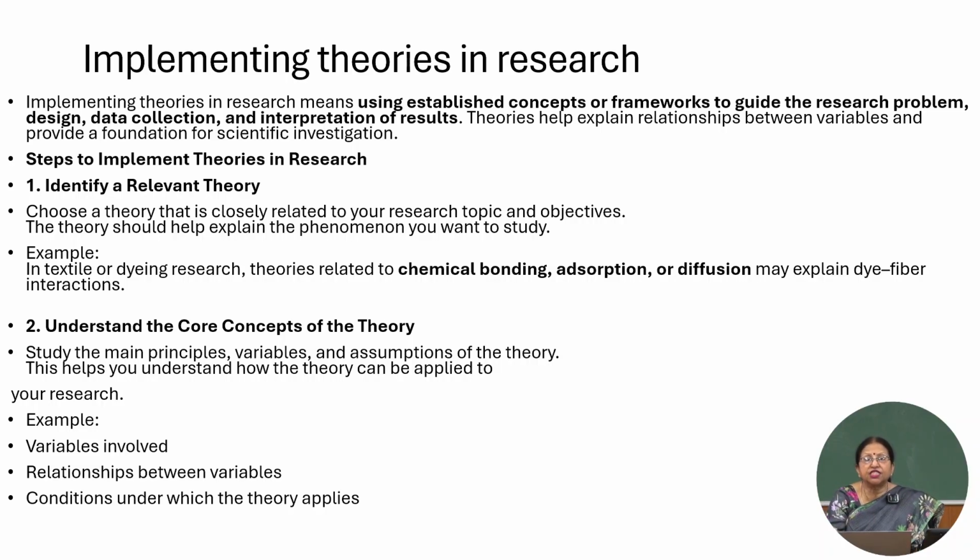So, a very nice example has been given. You can't choose a theory of physics to explain a chemical reaction because here the chemical bonding plays a very different role. So, you have to look for chemical bonding theories that will explain why a dye and a fabric yarn are actually getting adsorbed to each other and what is the principle that is underlying.